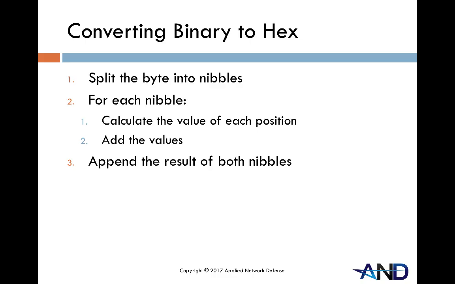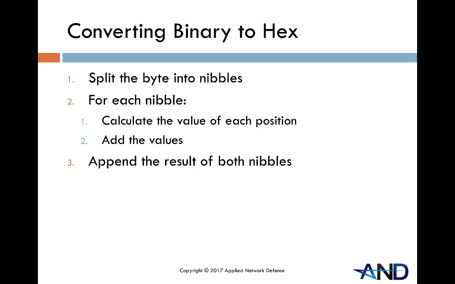Now the process for this, again, is a little more involved, but it's based on the same type of premise. First, we're taking the binary byte and splitting it into two nibbles, the lower order nibble and the higher order nibble. For each nibble, we're then calculating the value at each position. Again, we're treating those as two separate entities and not one at that point. And then we're adding the values for each nibble for the places where we have ones in the appropriate positions.